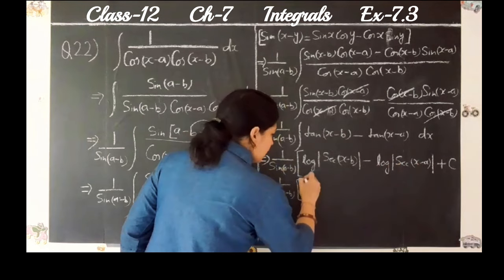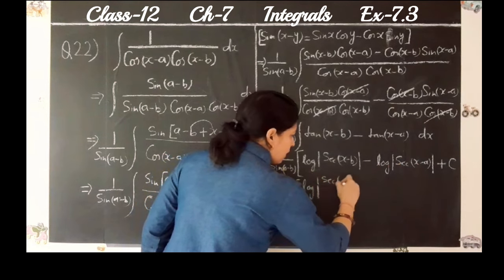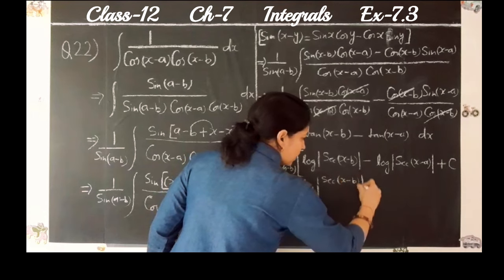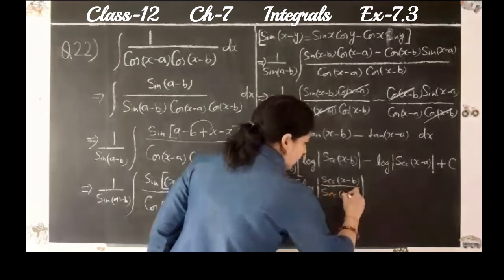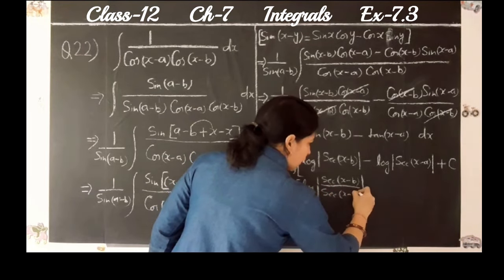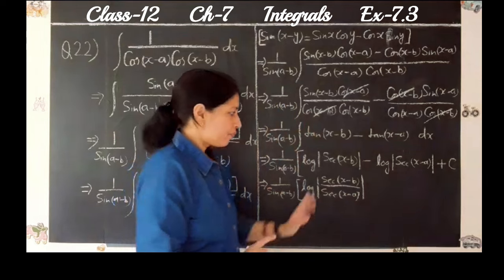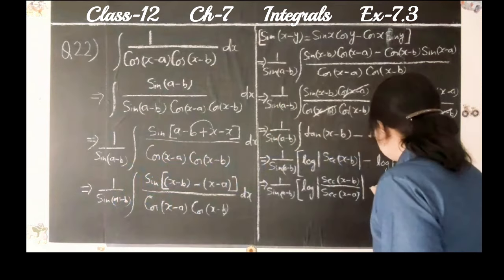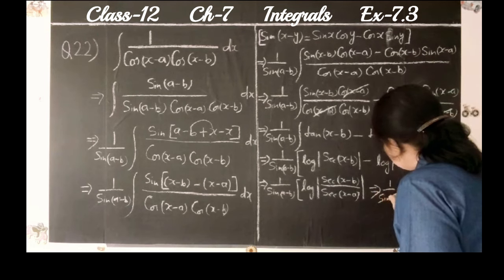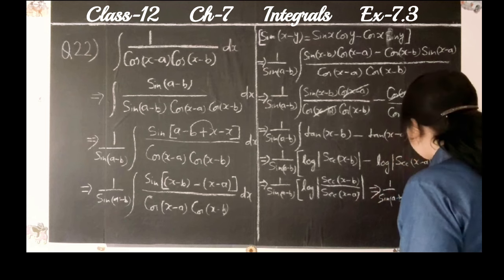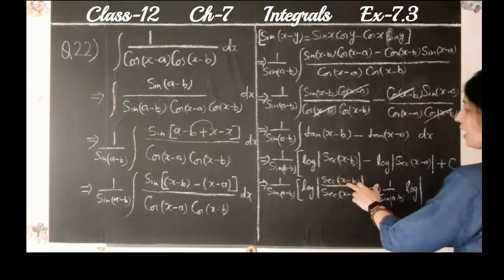So it will be log mod sec(x minus b) divided by sec(x minus a). Log a minus log b is equal to log a by b. Now I am going to write here 1 by sin(a minus b) log, here it is sec(x minus b).